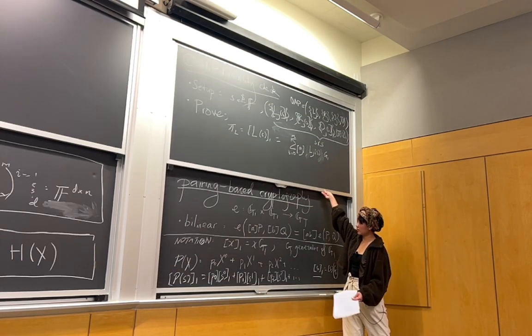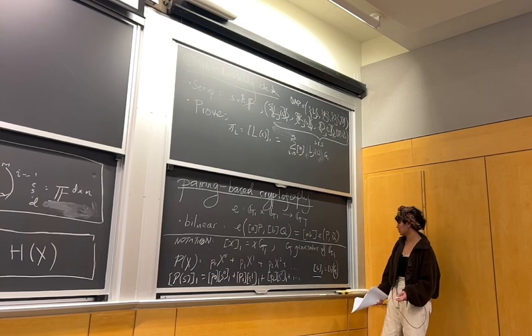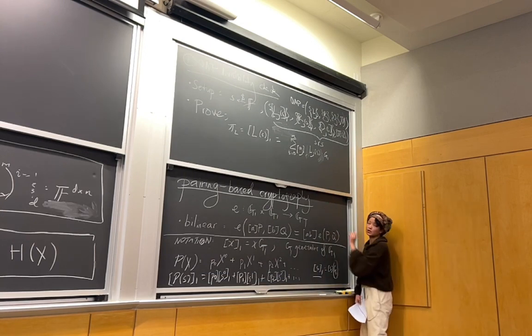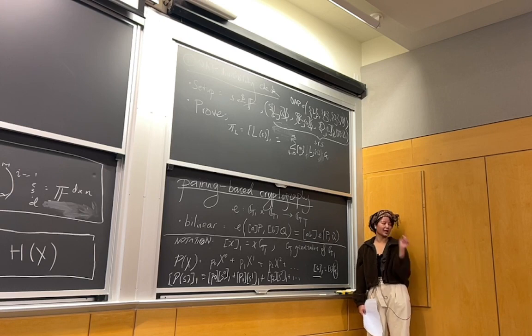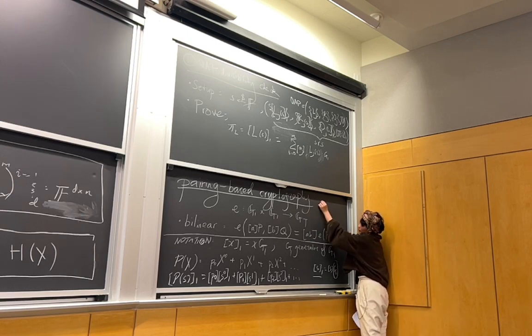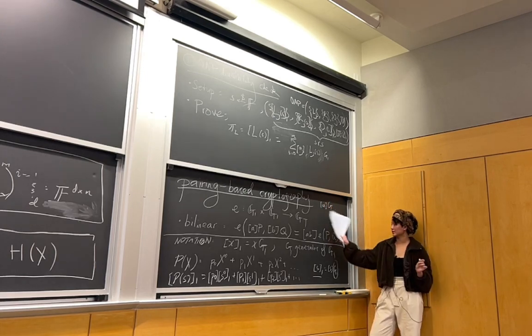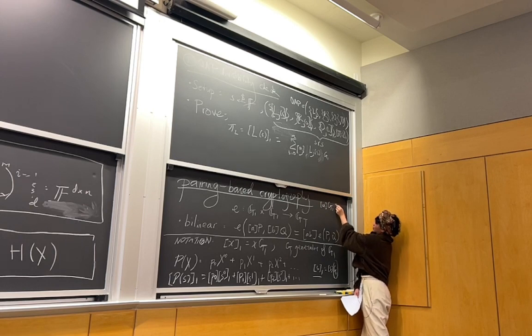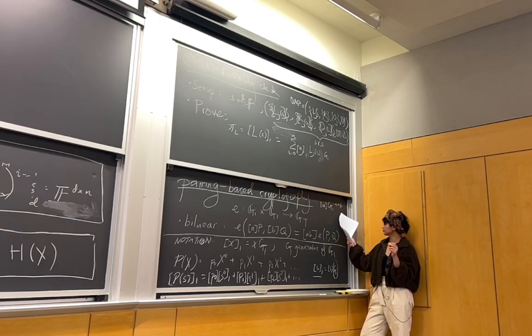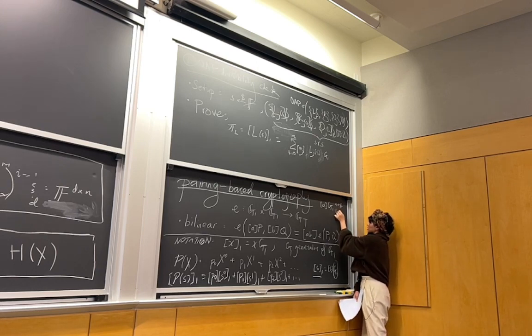So, let me write here, this is the notation I'm going to use. It's additive notation. When I write something like this, alpha is in the scalar field, and G is in the group.